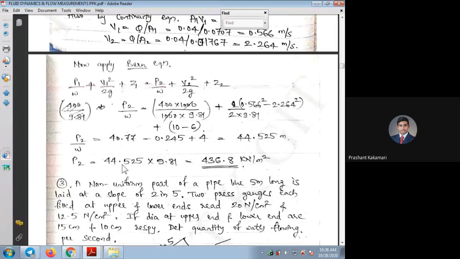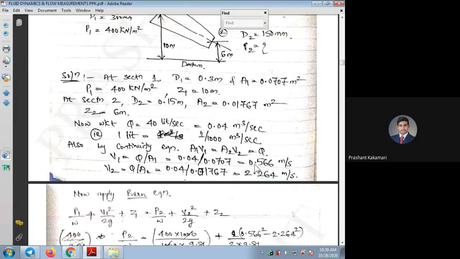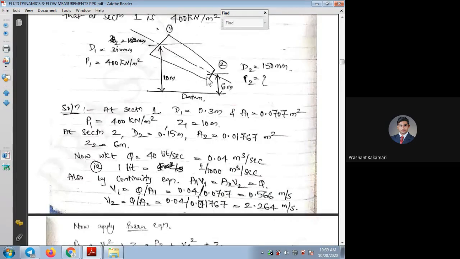So P2 is coming around 436.8 kilonewton per meter square. This pressure is very high because the pipe is tapering, it is acting like a nozzle, and it is also flowing from high head to low head.